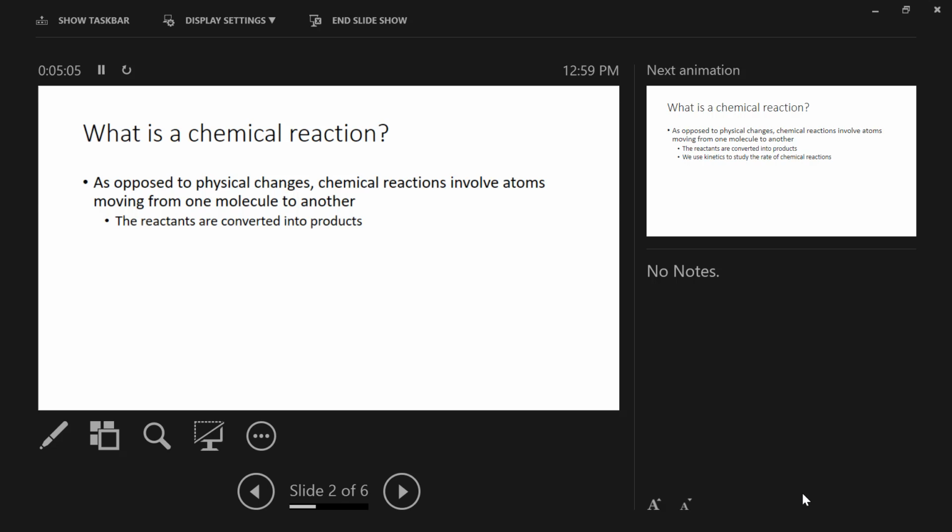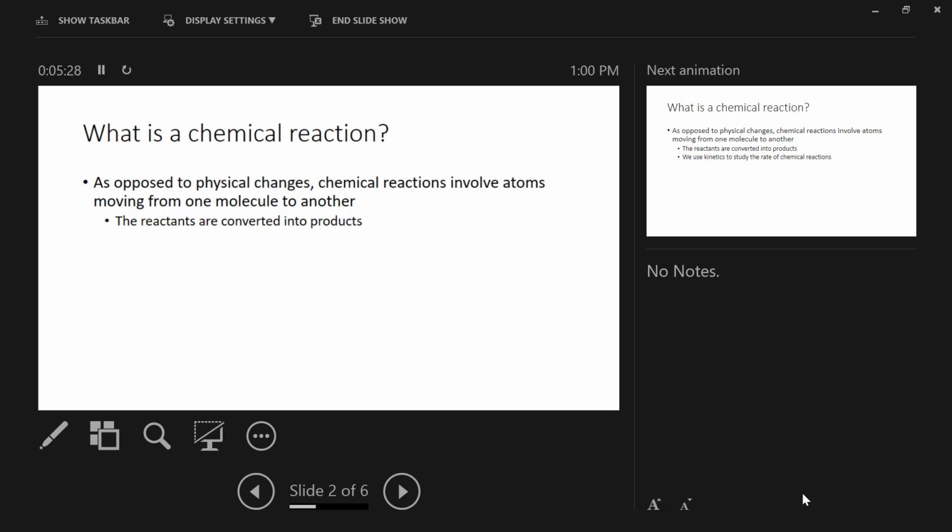The reason we put our reactants on the left is because in English we read left to right. So this tells us that we start with this material, and at the end of our chemical reaction we have these materials. It's more than one. So that's how we illustrate a chemical reaction.